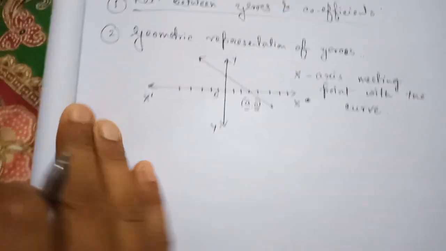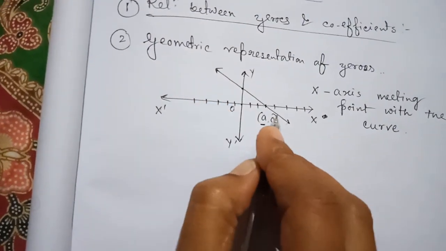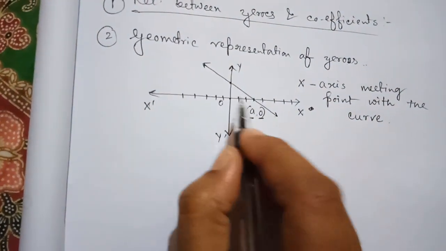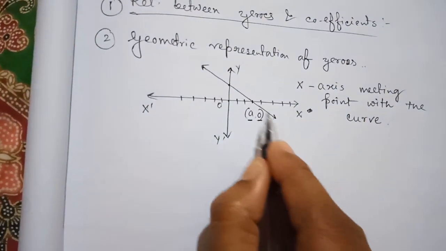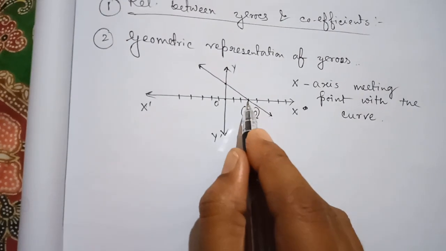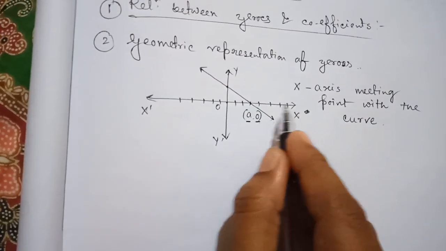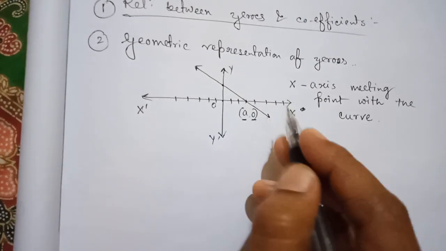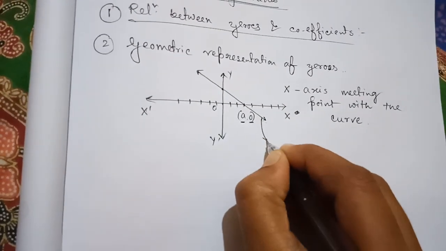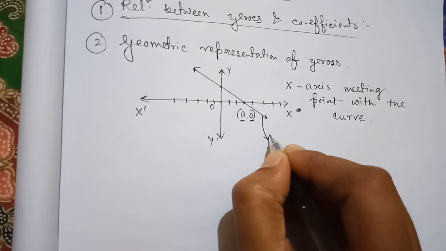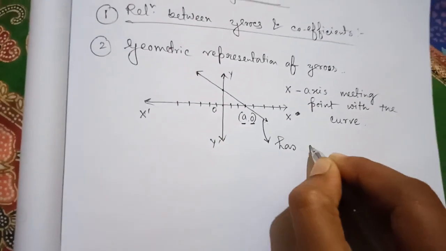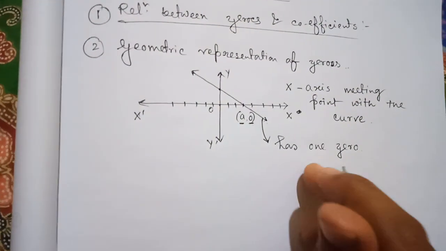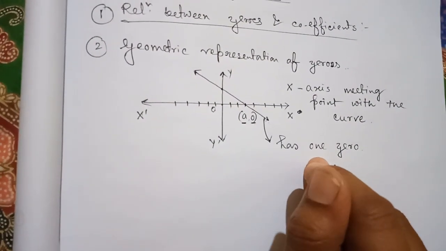Now in this figure, you can see this line cuts or meets the x-axis at one point, means this curve or line has 1 zero, only 1 zero.